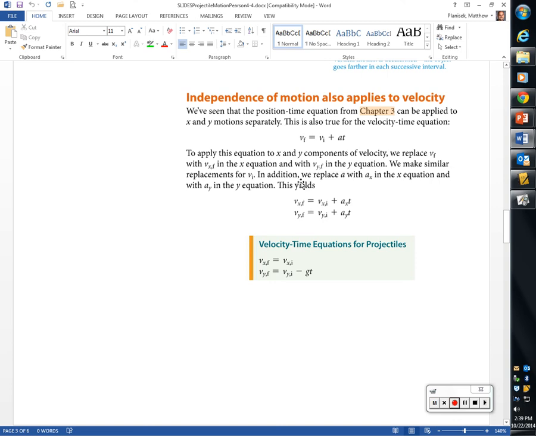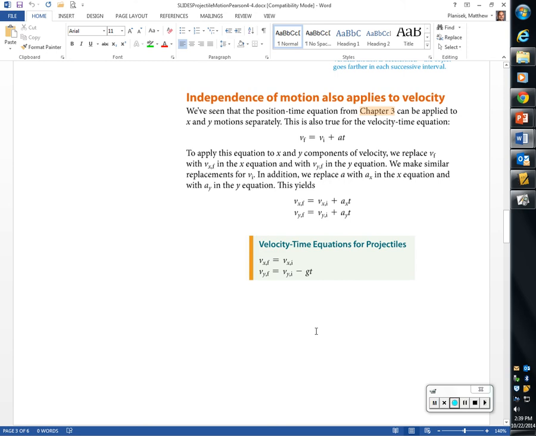Now, if we get specific, what did we say the acceleration on the horizontal axis always is? Zero. Meaning that this term in the horizontal version of this equation goes away, and the final on the horizontal axis equals the initial on the horizontal axis.